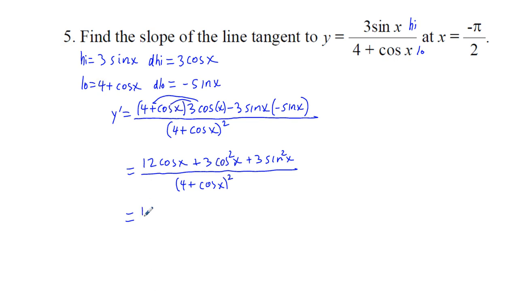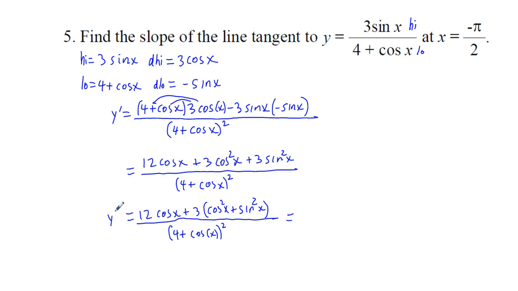I'm just going to keep working below. 12 cosine x and we have plus 3 times cosine squared x plus sine squared x over quantity 4 plus cosine x squared.